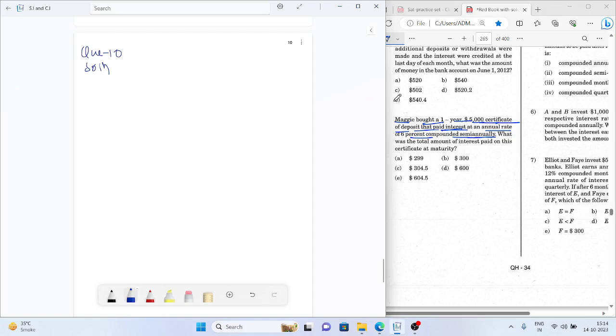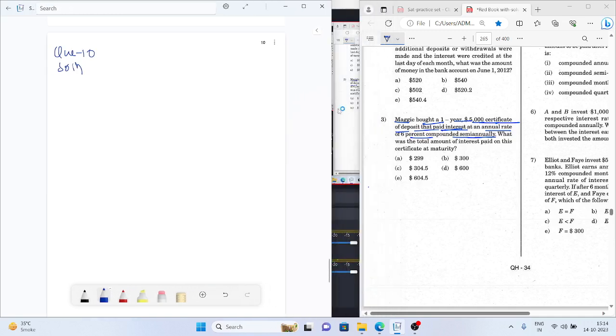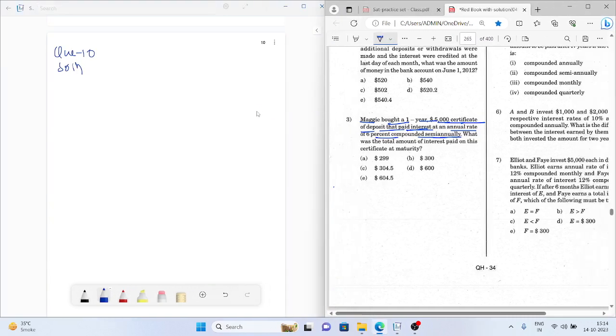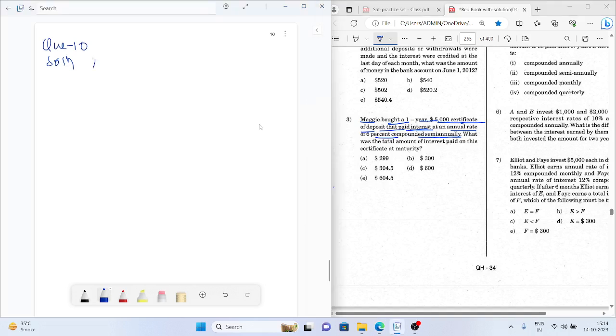He gives the principal amount and rate, right? So what is the principal? The principal is $5,000, right? Rate of interest is given as 6% annually, compounded semi-annually, so n equals 2 and time is 1 year.